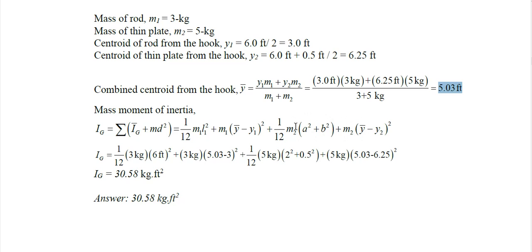This is the use of the parallel axis theorem: determine the mass moment of inertia about its centroid, then transfer it by adding m d square. So this is m1 and d square is y bar minus y1, which gives the distance from the centroid of part 1 to the combined centroid. We use this kind of equation for mass moment of inertia, and for area moment of inertia it is the same thing.